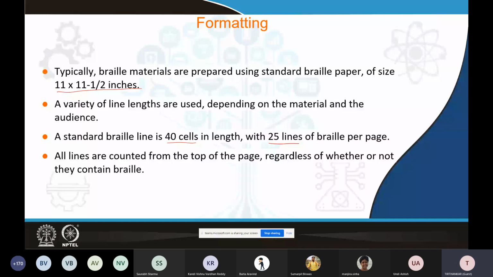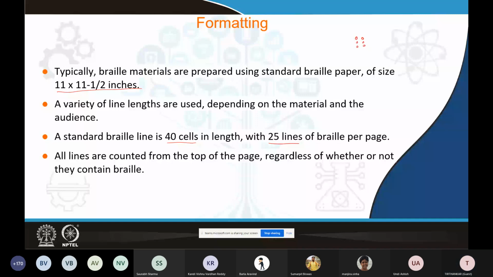transliteration system is that, as I was discussing in the last class, each of these Braille cells consists of 6 dots, right? So these are the 6 different dots that we use. But over time, it becomes really difficult to represent all the different kinds of symbols and structures within these 6 dots. So, for example, there are different kinds of formatting issues.